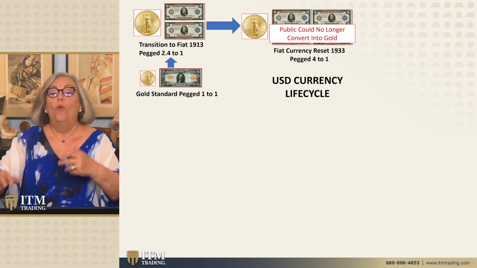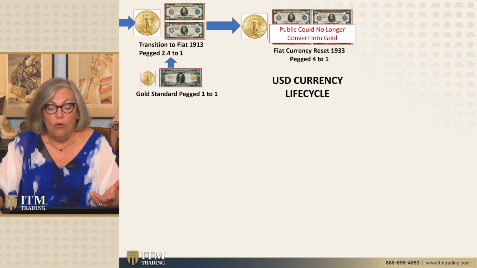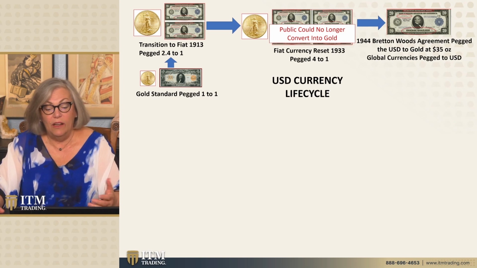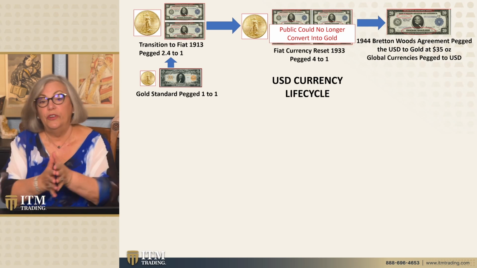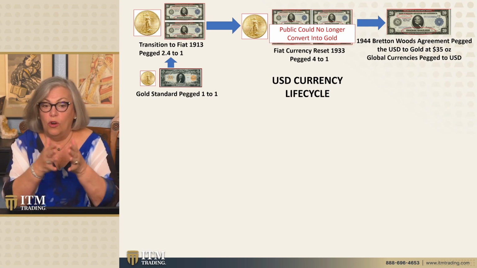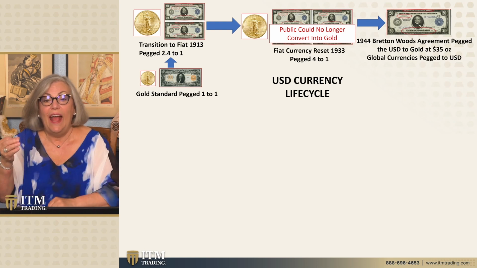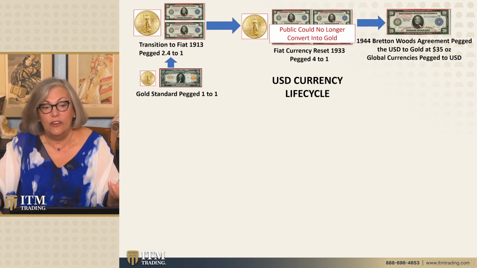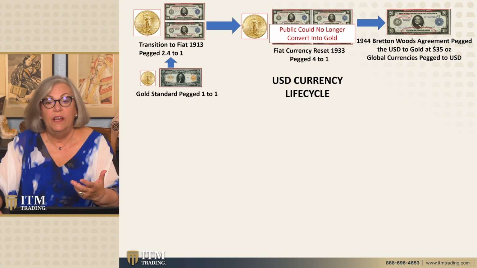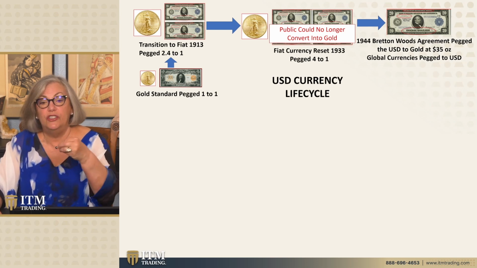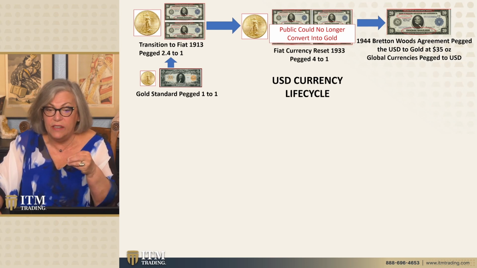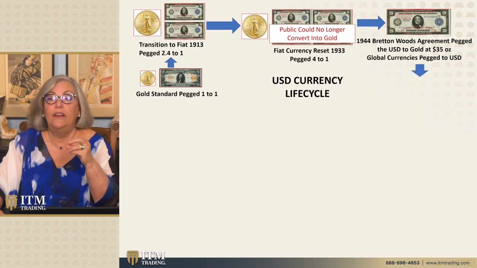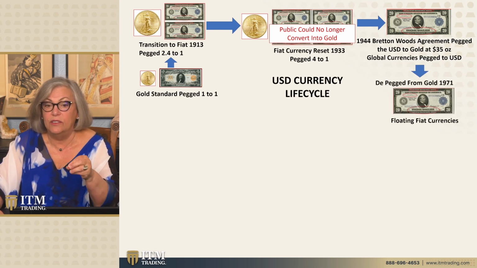All right, well, once the public could no longer do that, the world, as you know, went into World War II, etc. And in Bretton Woods, like I said earlier, the world agreed to peg their currencies to the US dollar that was pegged to gold at a $35 an ounce price.